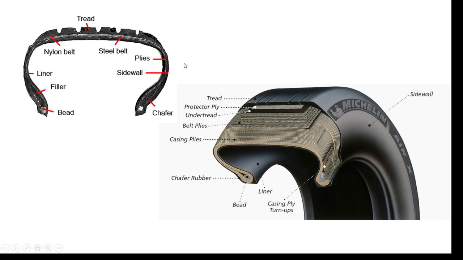From this partially broken model you can see the layers: tread, protector ply, under tread, belt plies, casing plies, and then along this edge it is mated to the rim of the tire. We have the chamfer rubber bead.